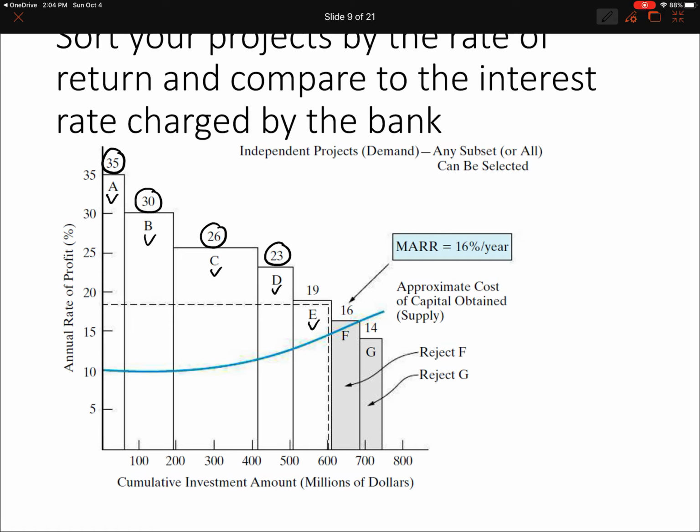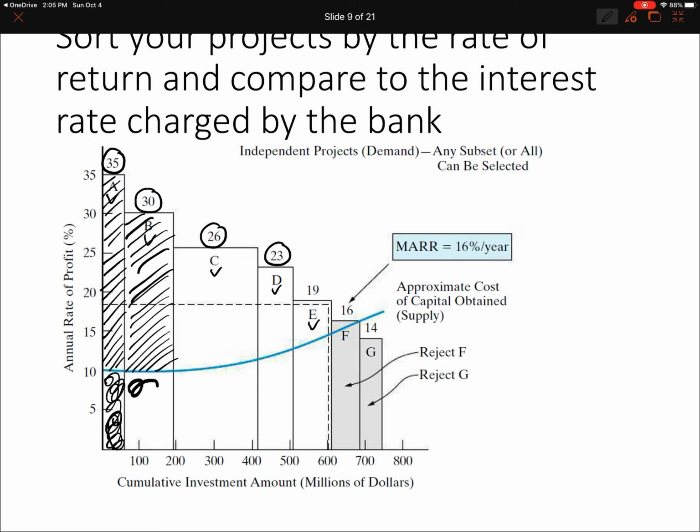Just by observation, projects A, B, C, D, and E all have profit covering the interest you want to pay to the bank, because their area is much bigger, and this is how much bigger it is compared to what you need to pay back.